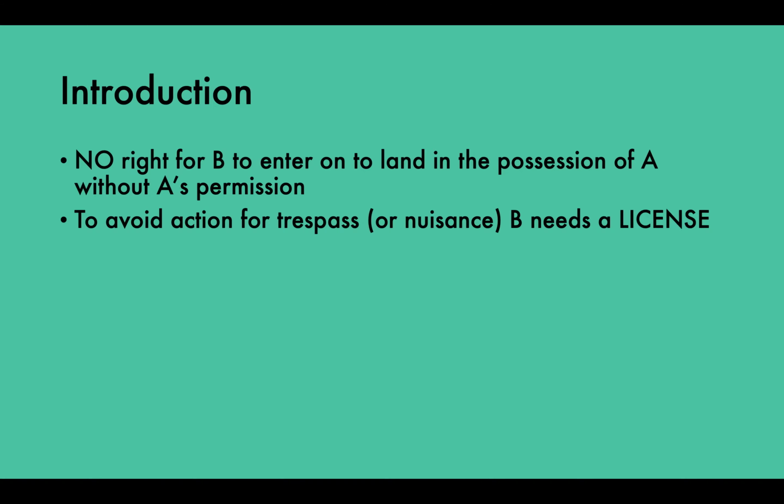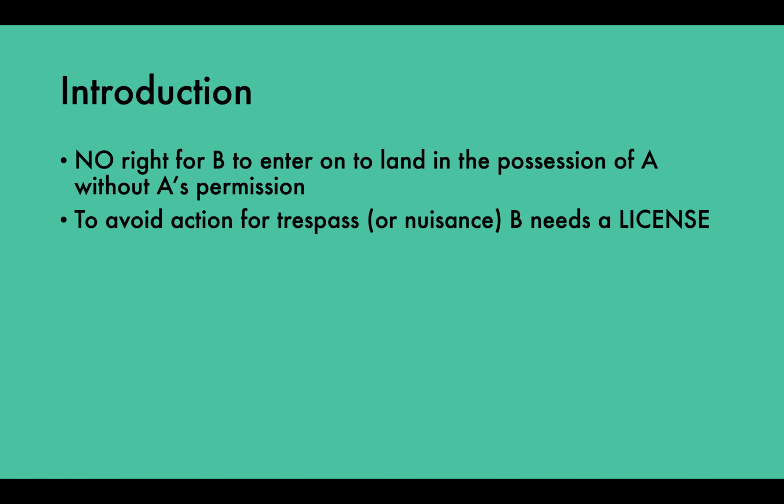Okay, so in general, there is no right for B to enter onto land in the possession of A without A's permission. So if B has permission, it is a license, but that does not make it a proprietary interest, a right in rem. So to avoid action for trespass or nuisance, B will need a license to access that land.